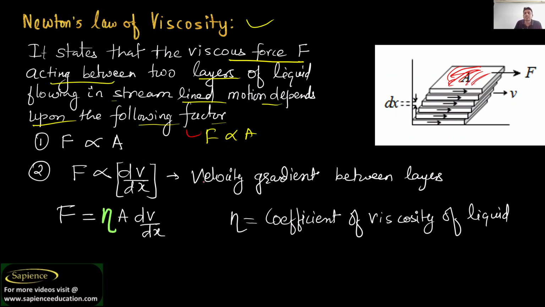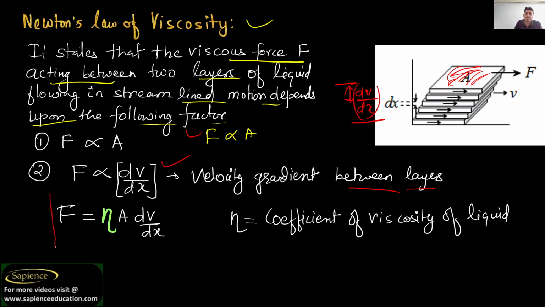It also says that force depends on the velocity gradient between the layers. So force is directly proportional to the velocity gradient. What is the velocity gradient? It is the change in velocity with respect to change in distance. The force is directly proportional to this.